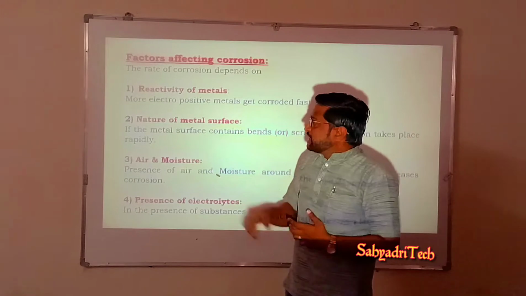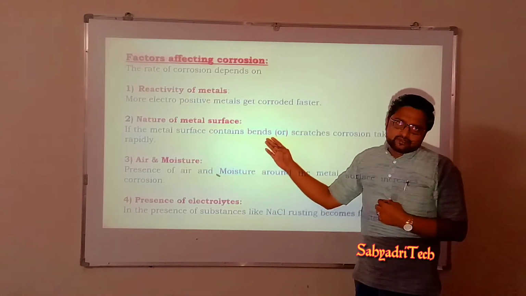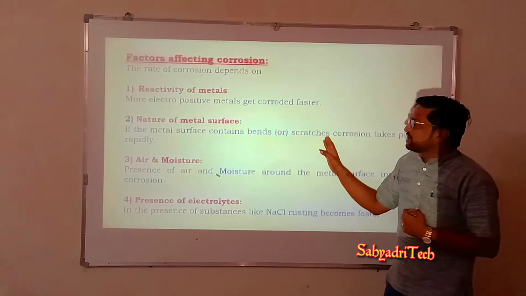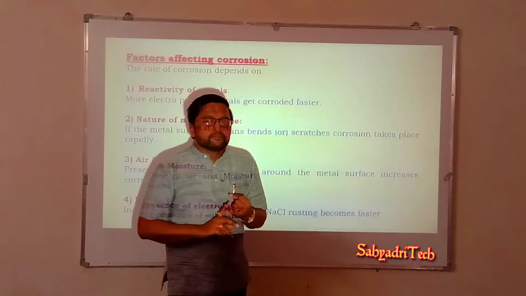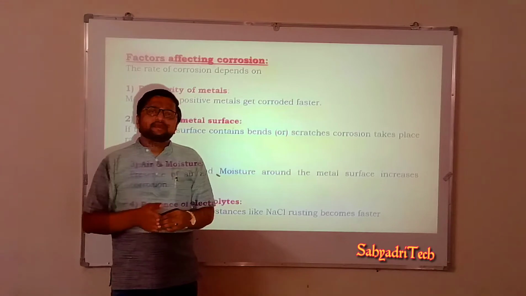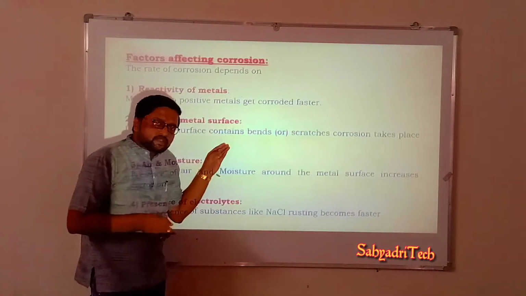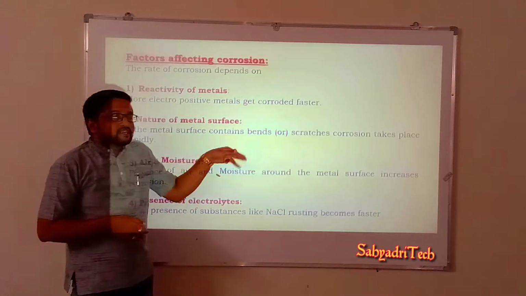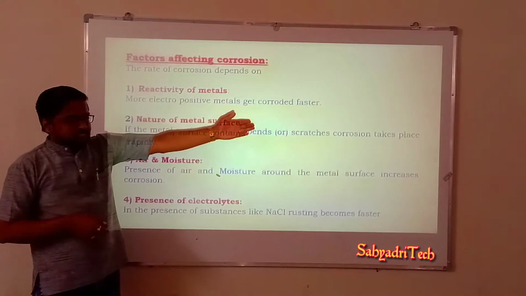On the other hand, if the surface of a metal contains imperfections, which may be in the form of bends or scratches, also called peaks, bends or scratches, they are referred to as imperfections on a solid surface. If there are imperfections on the metal surface, such metals readily undergo corrosion, or corrode fast.